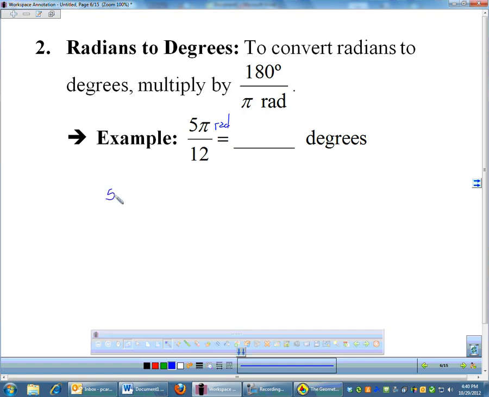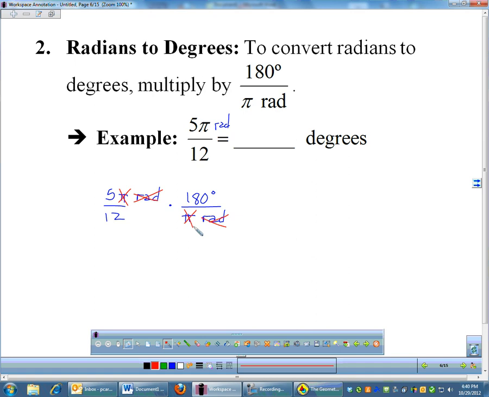So here I have 5 pi over 12 radians, and I want to convert that to degrees. Well, now I'm going to put my pi radians on bottom because I need my radians to cancel, and I want to be left with degrees. So my radian on top cancels with my radian on bottom. Also, the pi cancels.